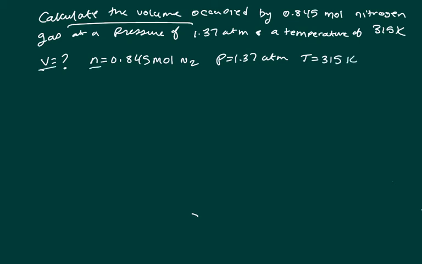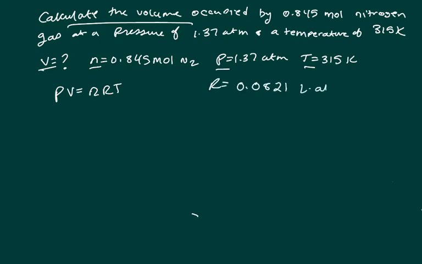See, you have V, n, P, and T, all four variables, so it looks like you're going to be using the ideal gas law. That's how you know which law to use, it depends on the variables that you're given, right? So PV is equal to nRT. Perfect. What is R?